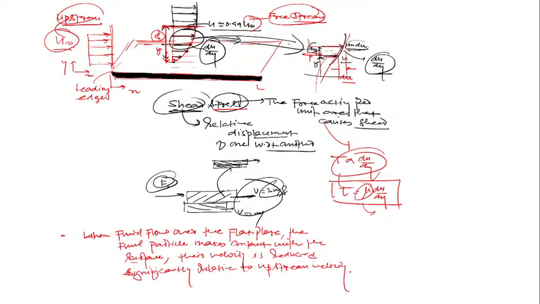Clear? Of the plate, and velocity is zero at the surface. Velocity zero at the surface. Clear?